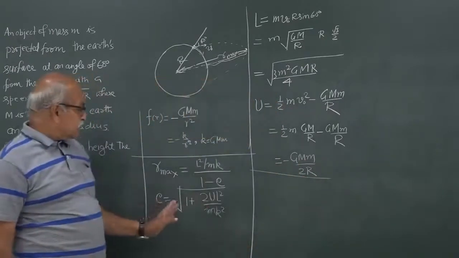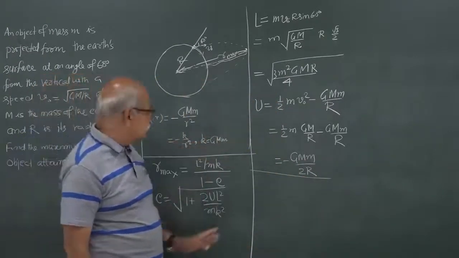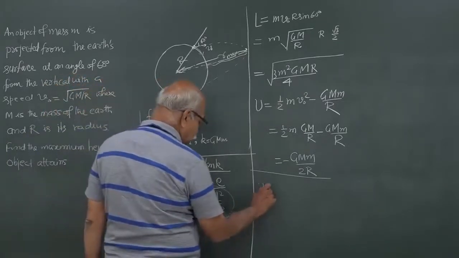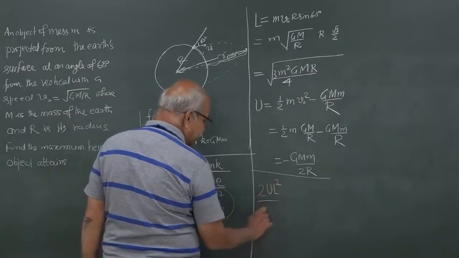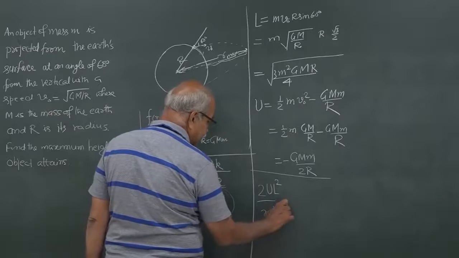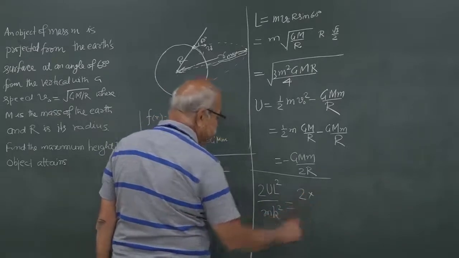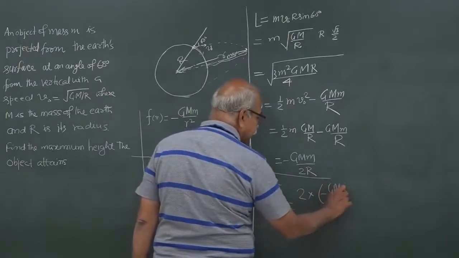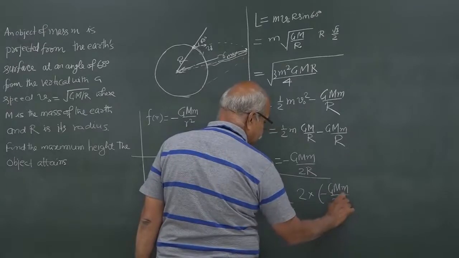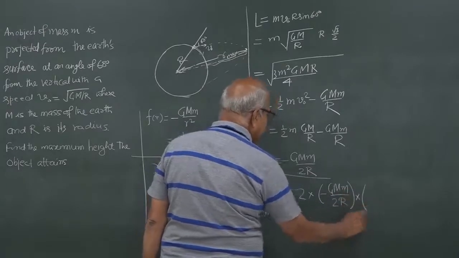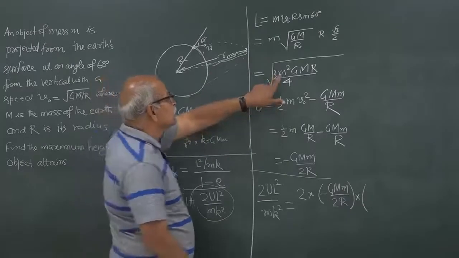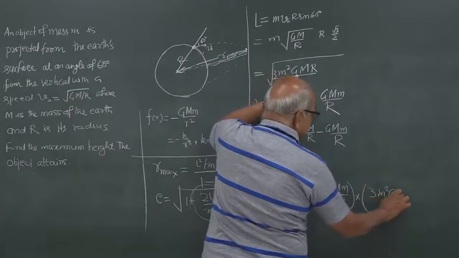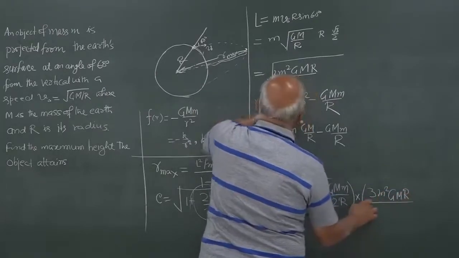Now, let us calculate this eccentricity E, and for that you have this equation. So, first let us calculate this quantity, 2 u L square divided by m k square. That is 2 into u, which is minus G M m over 2 r, into L square. L square is 3 small m square G M capital R divided by 4.